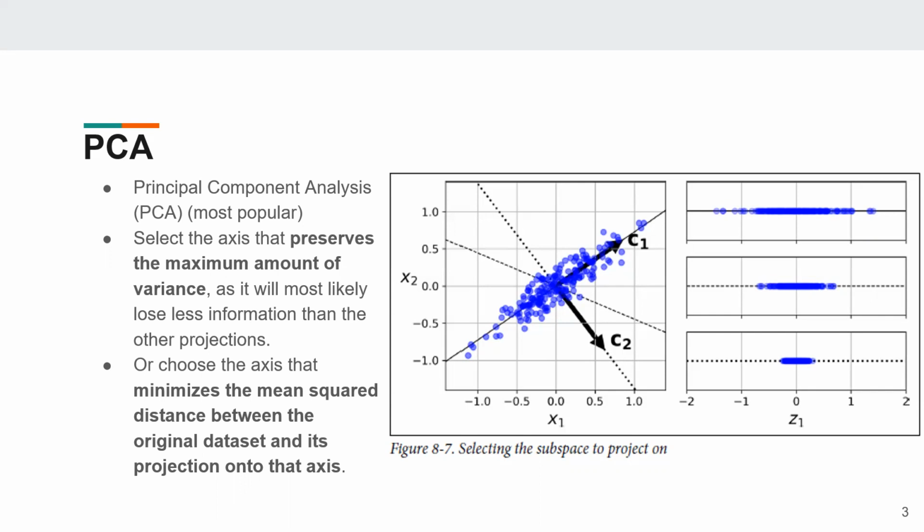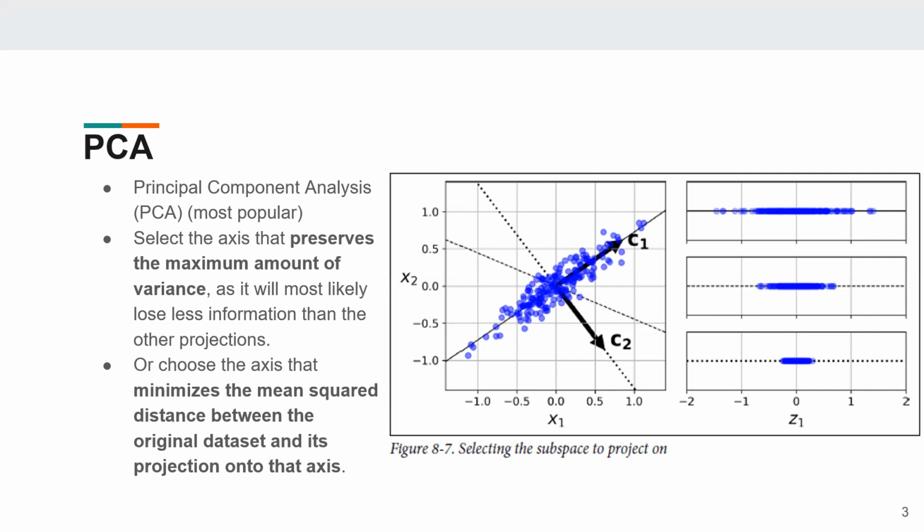And it's also the same kind of conclusion if you try to minimize the mean squared distance between the original data set and its projection onto that axis. You would find that the top projection, the C1 direction, is still the preferred way. Okay, this is really high level, right?